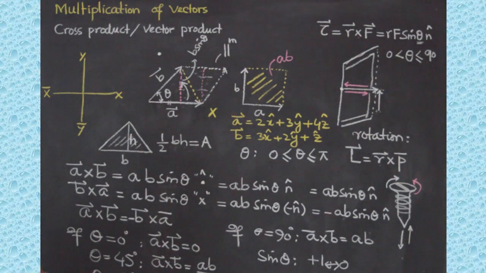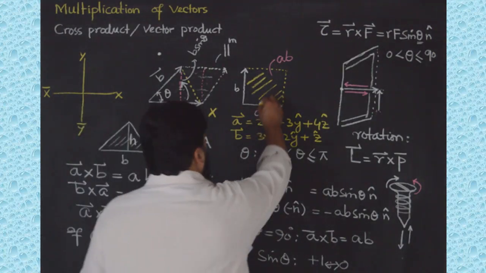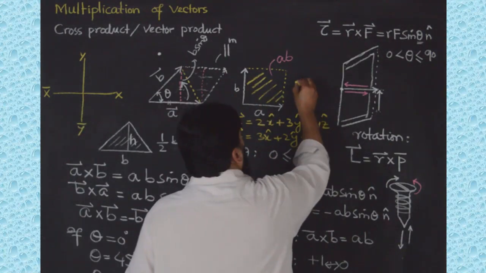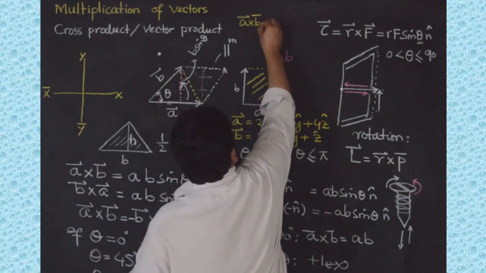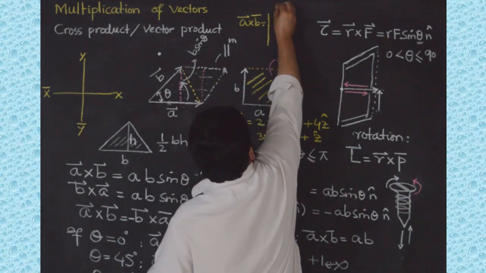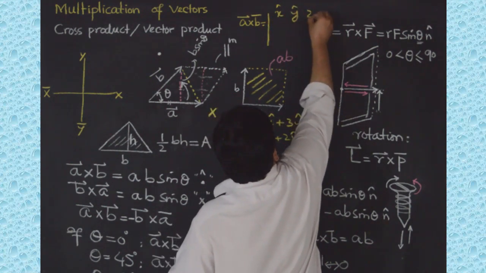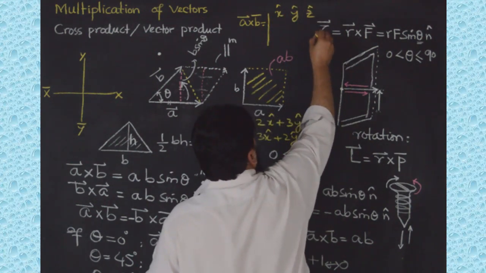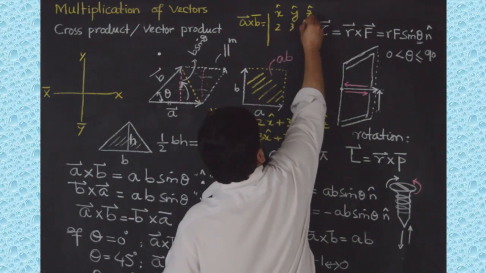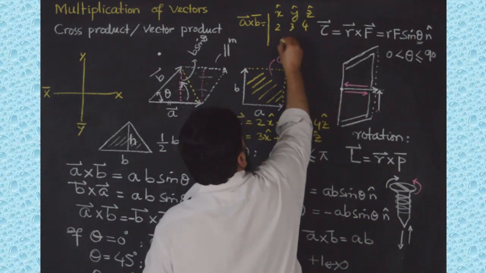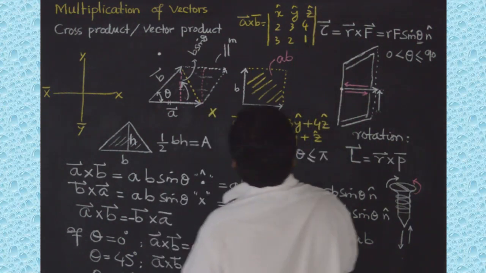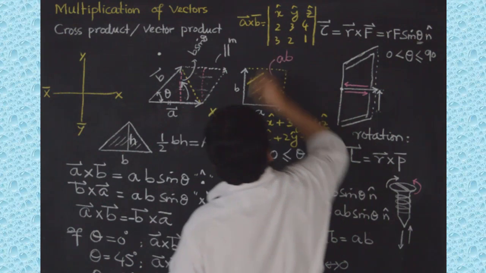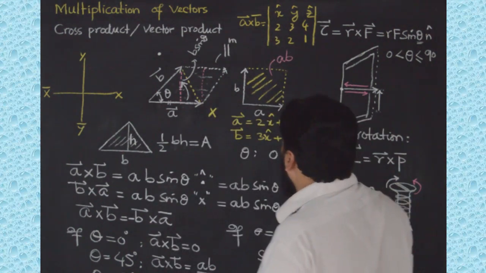Now if I want to find their cross product, I will consider A cross B equal to a determinant, with x, y, and z in the first row, 2, 3, 4 in the second, and 3, 2, 1 in the third.